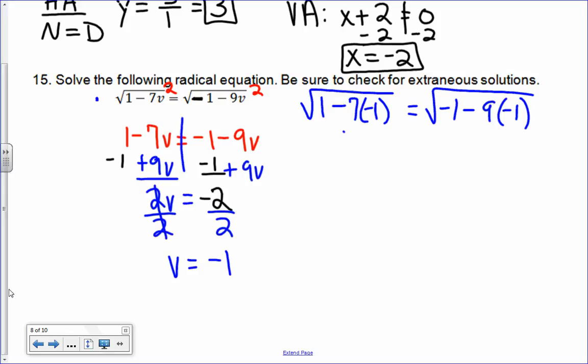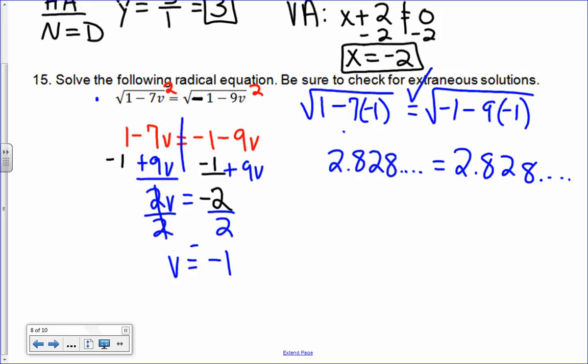So you would go second x squared, 1 minus 7 parentheses negative 1, and you get 2.828, and so on. Equals, punch the second one in, second x squared, negative 1 minus 9 parentheses negative 1, and you get the same thing, 2.828, and so on. So they check. All right, so the answer you know is negative 1.